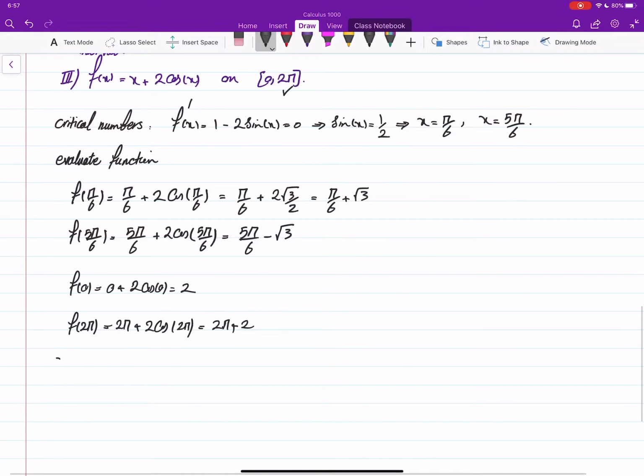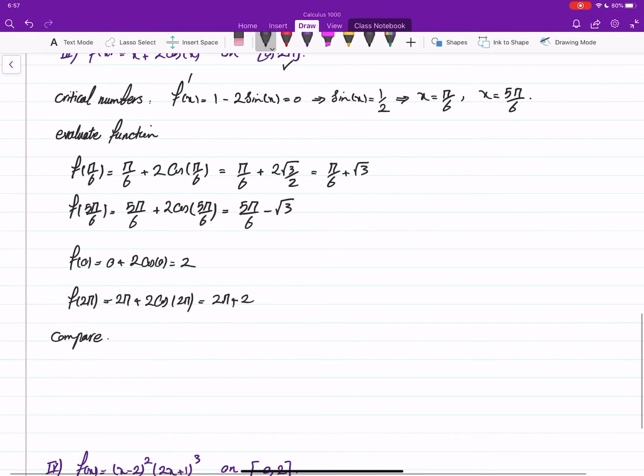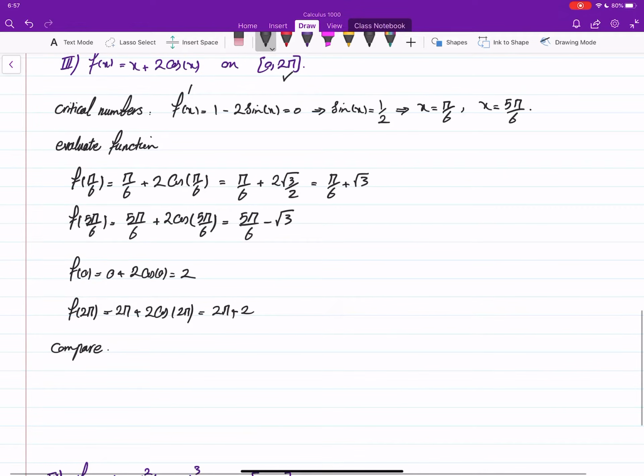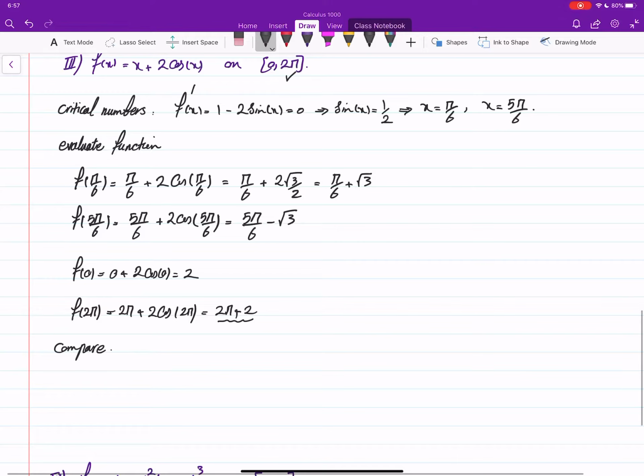Now we have to compare these values. First, this guy here is the highest value. 2 pi is about 6.28, and plus 2 is 8. None of the other numbers are about that value.